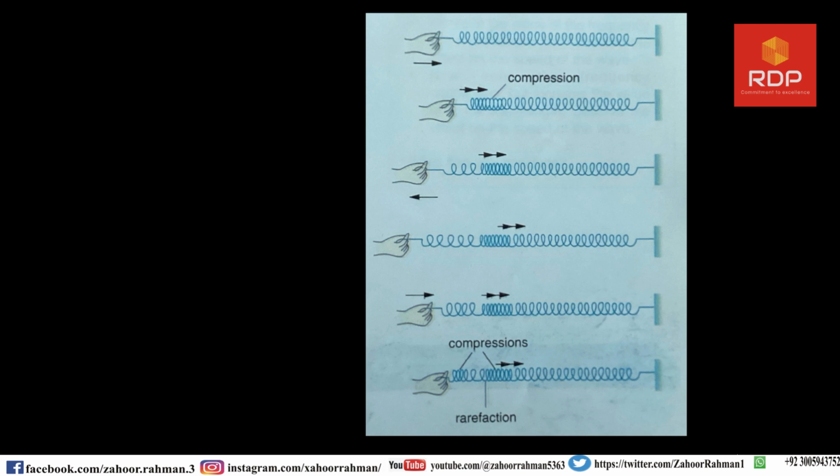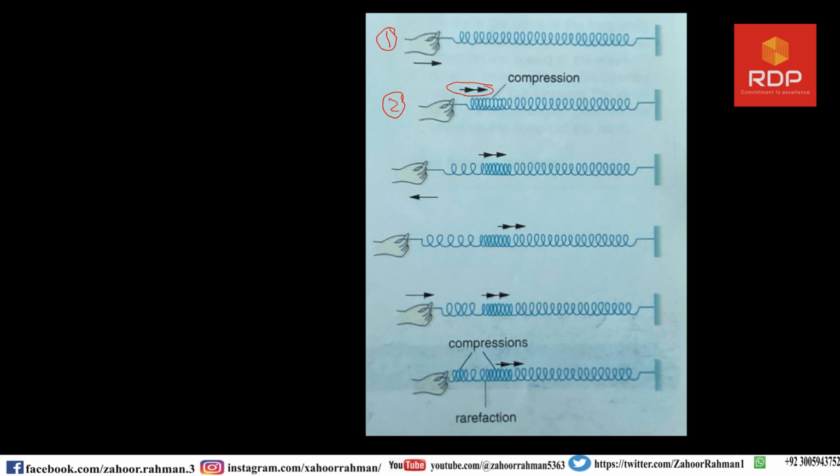The first part, which is this one, is showing that you have neither pushed the slinky nor pulled the slinky. In this case, in number 2, you are pushing. This double headed arrow is showing the movement of the wave.